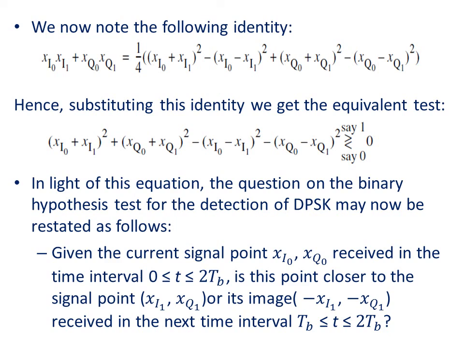In the light of this equation, the binary hypothesis test for the detection of DPSK may now be restated as: given the current signal point (xi0, xq0) received in the time interval 0 to TB, is this point closer to the signal point (xi1, xq1) or its image, that is (minus xi1, minus xq1), received in the next time interval TB to 2TB?